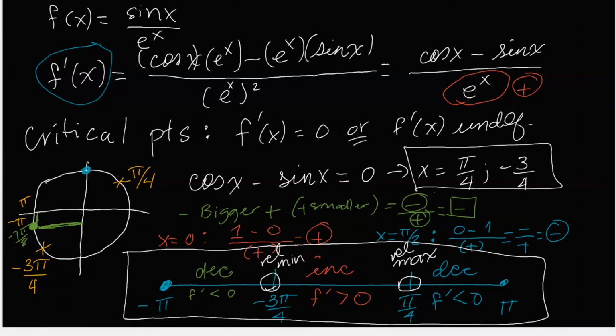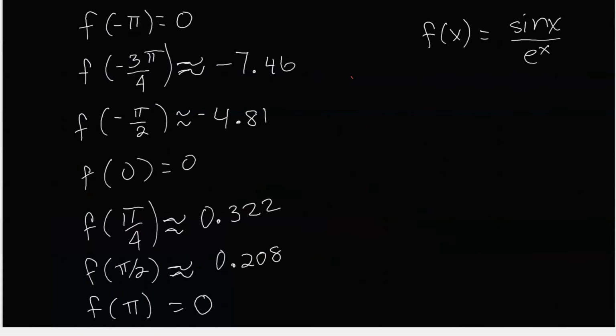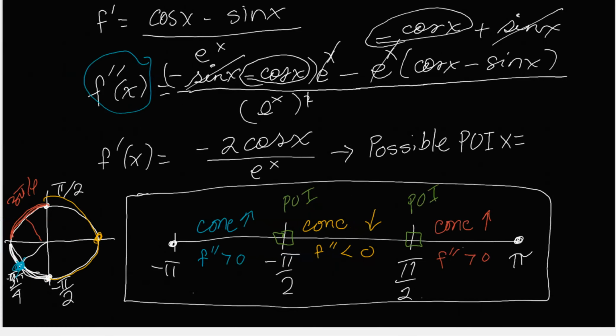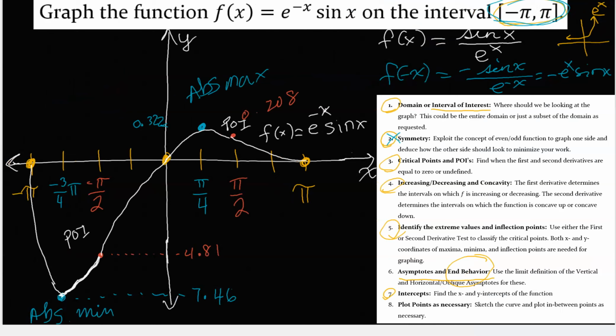And then do your increasing, decreasing intervals, and then you'll take your second derivative and do your concavity. And then you will find out the values at those points, and then you'll put those two charts together on a graph as far as the information goes, right? And then you just sketch the graph, and that's just how things go. It does take a long time to put things together here.